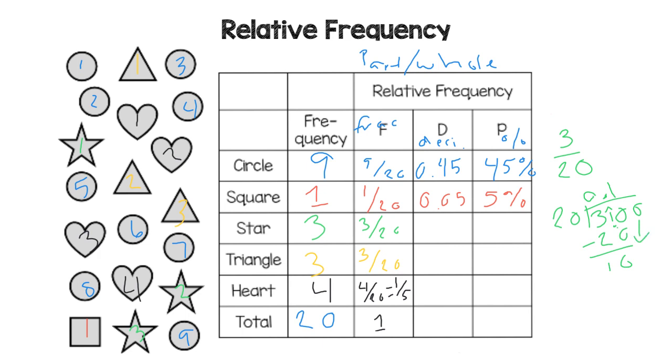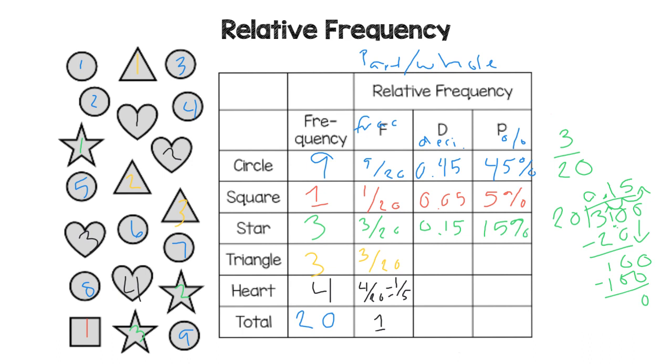Then we have to bring down the 0, and 20 goes into 100 5 times. And 5 times 20 is 100. So our answer is 15 hundredths. And we're going to take our decimal and move it 2 places to the right to get our percent, and we get 15%.